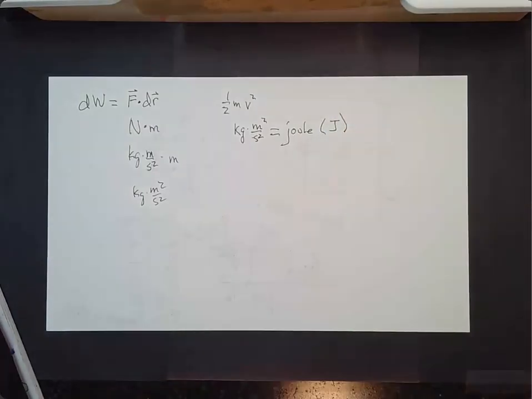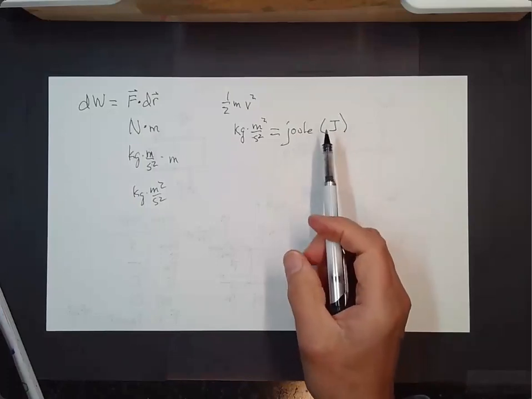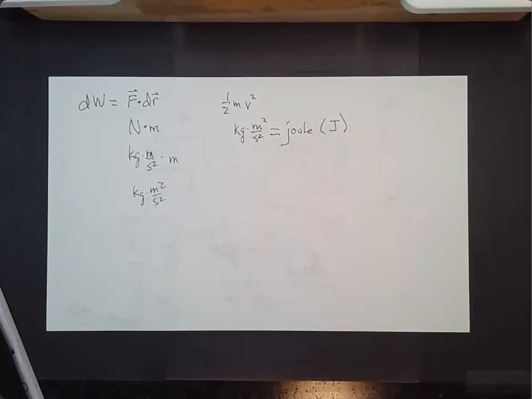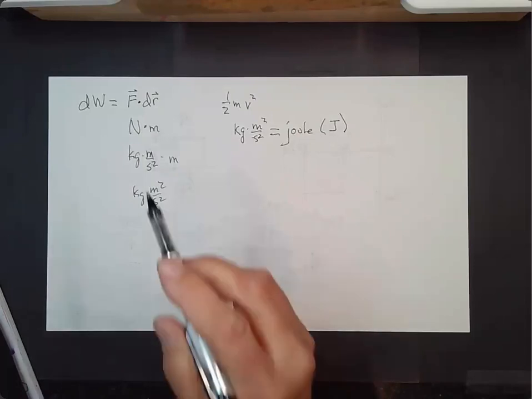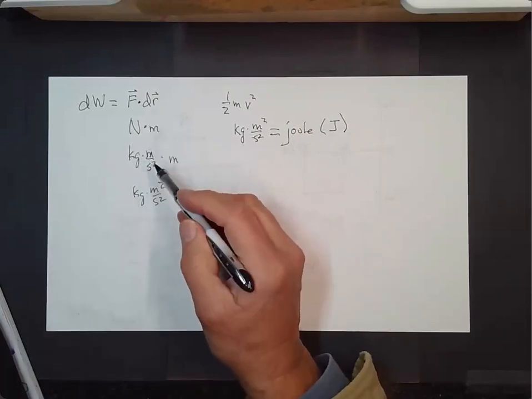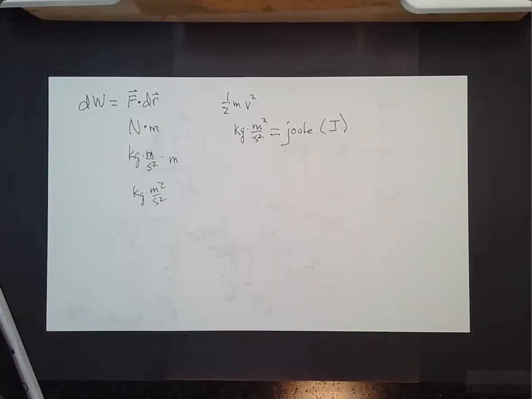So capital J is going to be the unit of energy or work. They're both going to have the same units. And remember, it's a kilogram meter squared per second squared. A Newton is a kilogram meter per second squared. So hopefully by now you've got the unit of the kilogram kind of embedded in your brain.